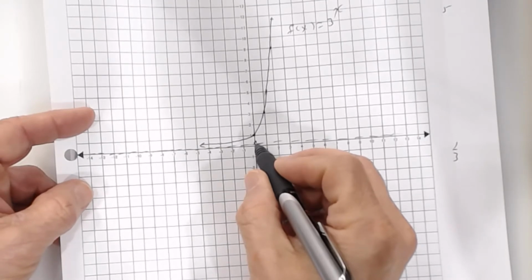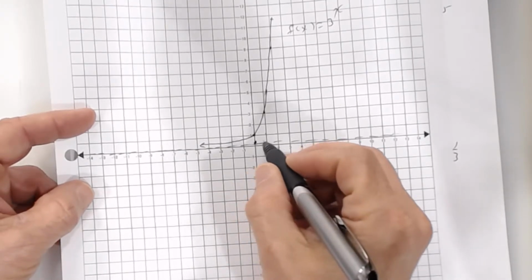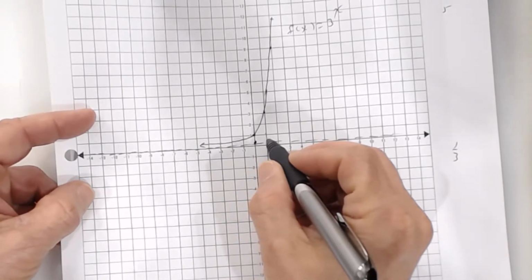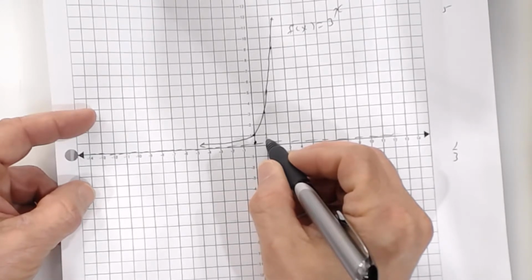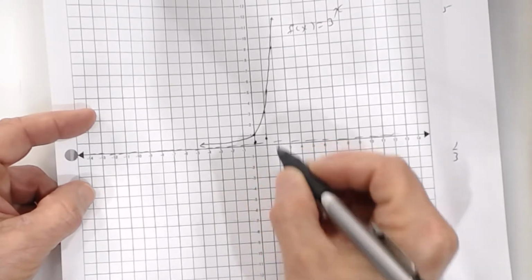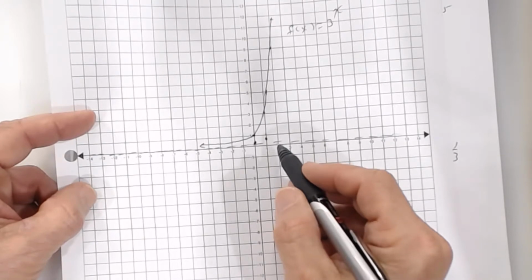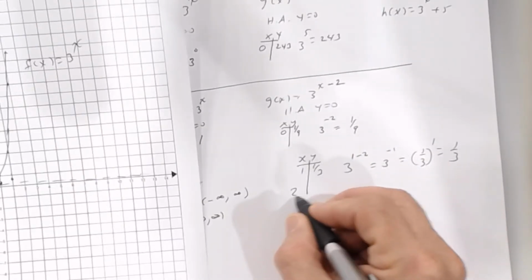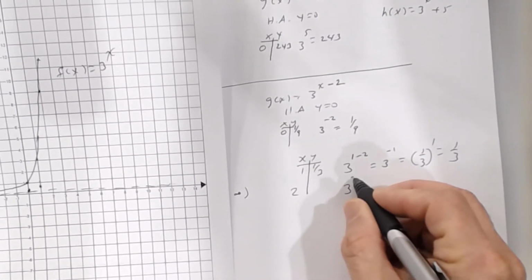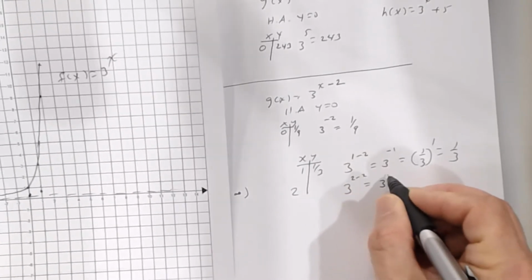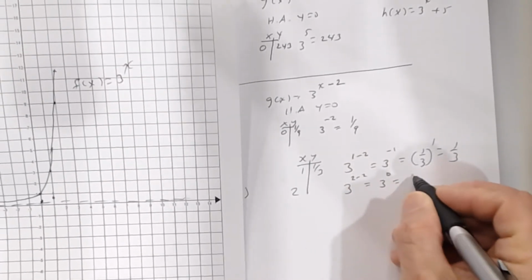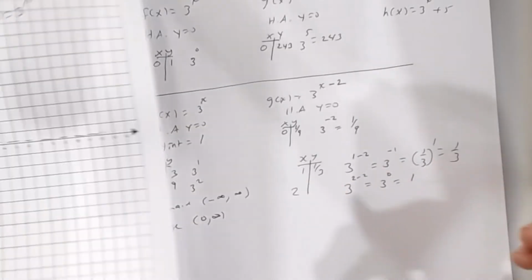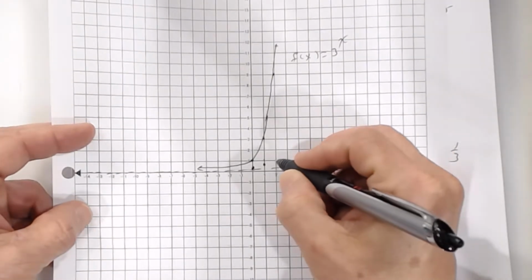So 1, 1/3 is right here. See it? Let's do 2. Watch what happens. If x is 2, I get 3 to the 2 minus 2, which is 3 to the what? 0, which is what? 1. So I get 2, 1, which is here.